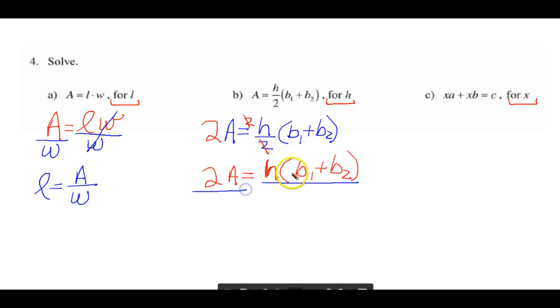So we're going to divide both sides by B sub 1 plus B sub 2. We could put it in parentheses if you like, and here we don't have to. B sub 1 plus B sub 2. So here they cancel out, and we get H now equals this. And we'll give you a moment.